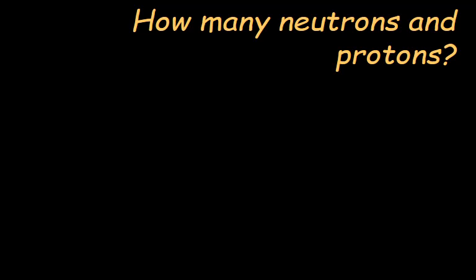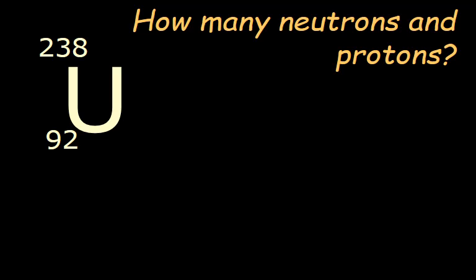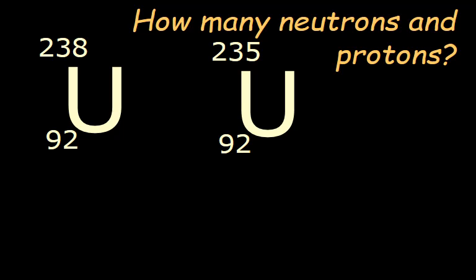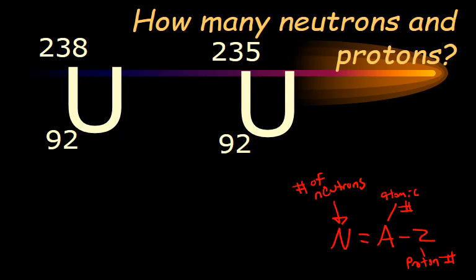So how many protons and how many neutrons? If we have uranium-238 here, go ahead and pause the clip and identify how many neutrons and how many protons. When you're ready to check, you can hit play to continue. Okay, here's how you can do that: you take the atomic mass and subtract the proton number.